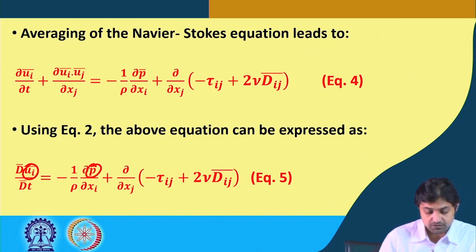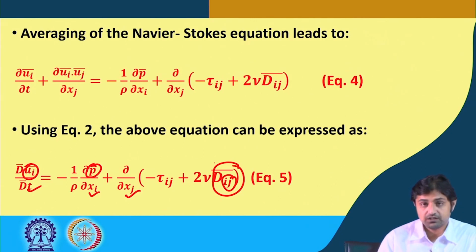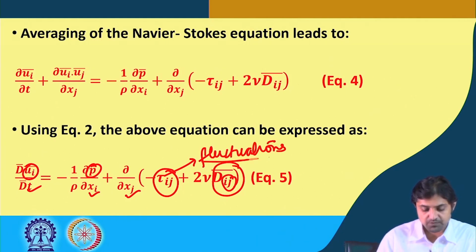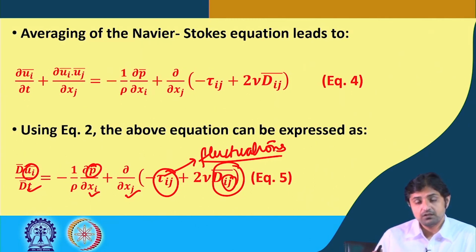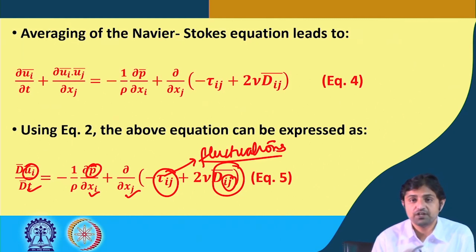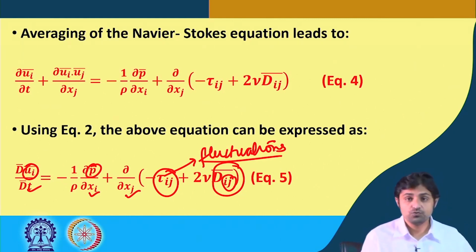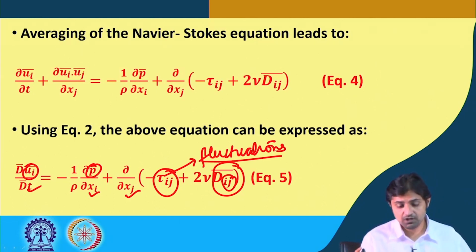These are the independent variables. dij we also know because this is the average value, and it comprises only the term that has fluctuations, and this increases our complexity. So, we need to be able to equate tau ij to something that is known or some unknown which we are actually calculating. The best way is to put it in some form of an average value, and that particular problem is called a closure problem.